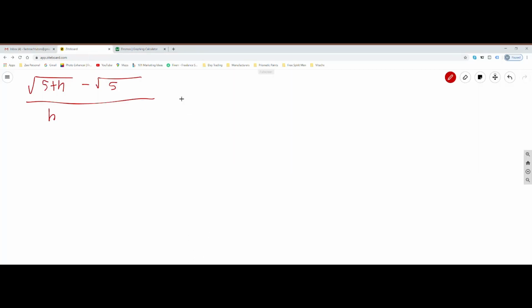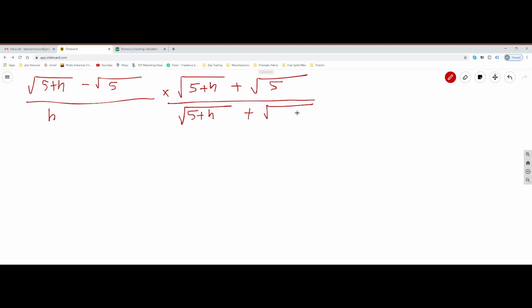Since you have two terms, you're going to multiply it by the conjugate, which is square root of 5 plus h plus square root of 5, over square root of 5 plus h plus square root of 5.